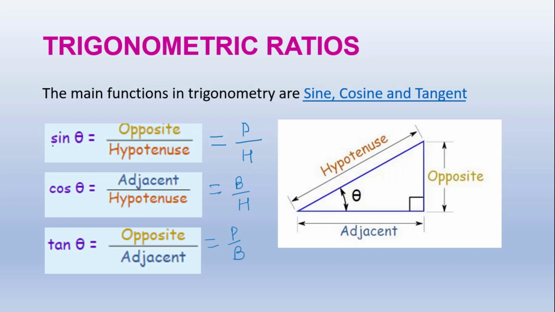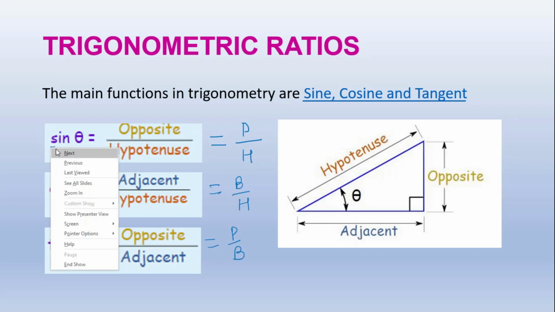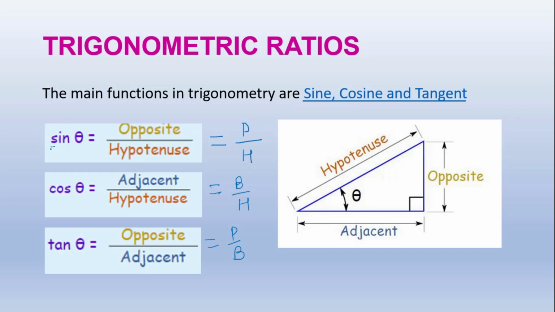Remembering these sometimes is not easy. So you can take the first letters: S, O, H, the first letters of sine, opposite, hypotenuse; C, A, H, the first letters of cosine, adjacent, hypotenuse; and T, O, A, the first letters of tangent, opposite, adjacent. So for sine you can write SOH, for cos you can write CAH, and for tan you can write TOA.